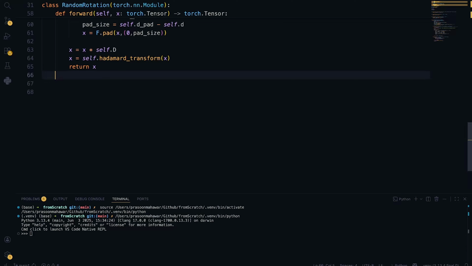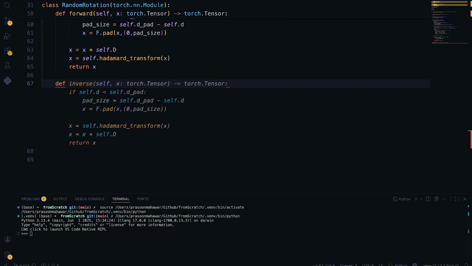Okay, and then we have the inverse function, that is the inverse rotation function. This will have self and x torch, correct? This will return torch, and the rest of them we do not need this.